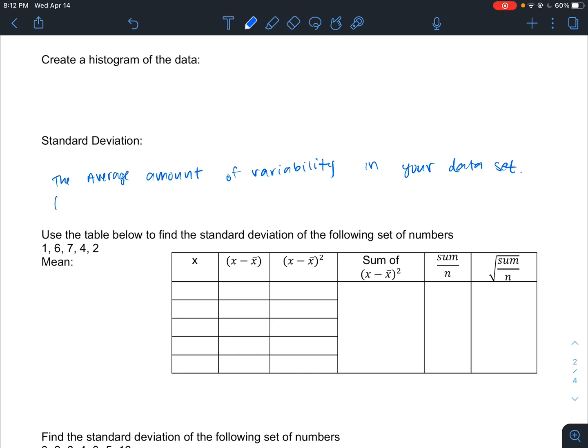So it basically says how far each score lies from the mean.